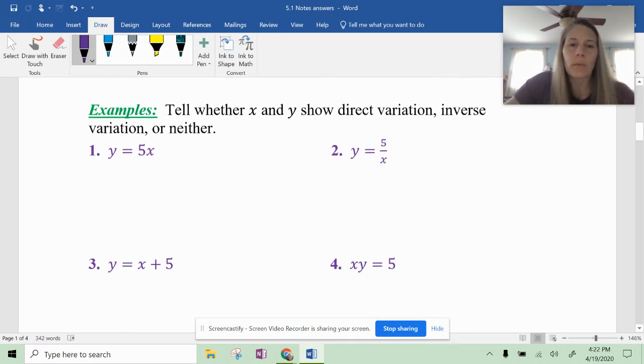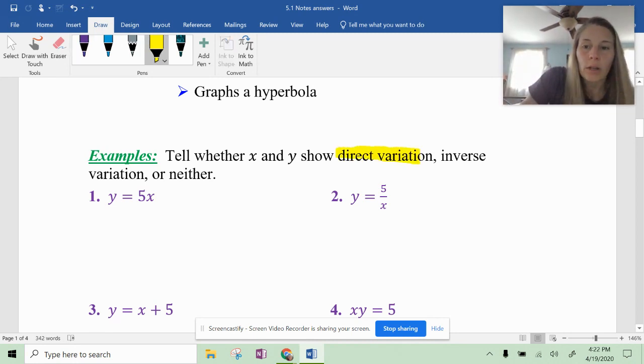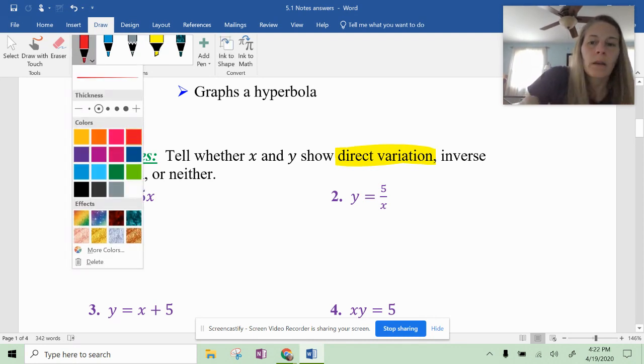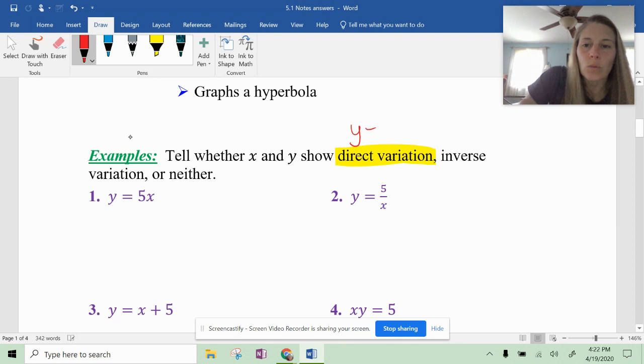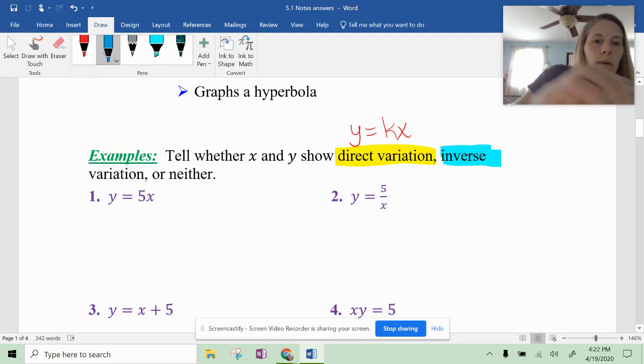Okay, so the first thing we want to do is be able to differentiate what type it is. Just as a little review, direct variation is y equals k times x, and inverse variation is always going to be y equals k over x.